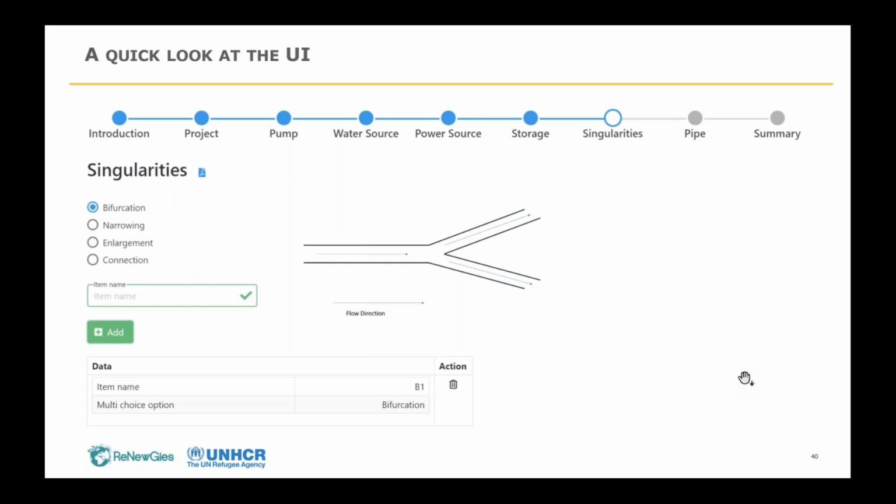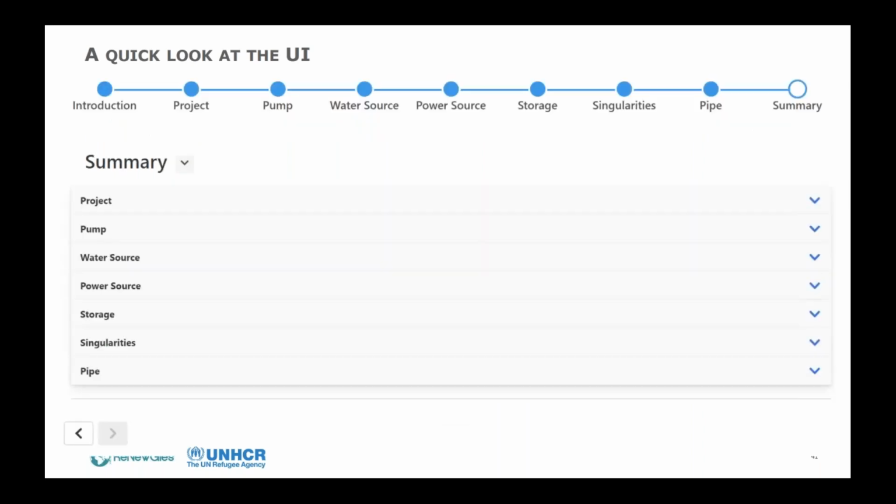The last slide of the UI will be a summary that will happen after the pipe view, which I didn't show here because it is quite long to explain. At the very end of the data input, the user will have a quick feedback and assessment of his network.